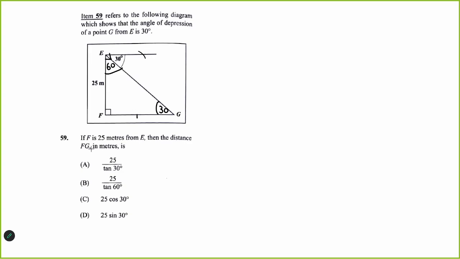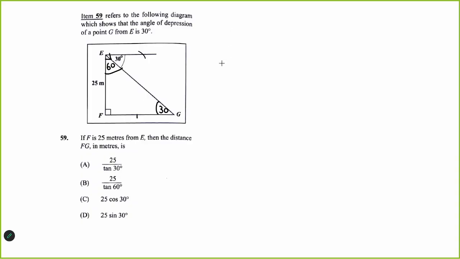They said if F is 25 meters from E, then the distance of G to F is... so they're basically asking you to find out, it depends on what you want to use. If you want to use 30, which is the only one I'm seeing with 60 is this one.